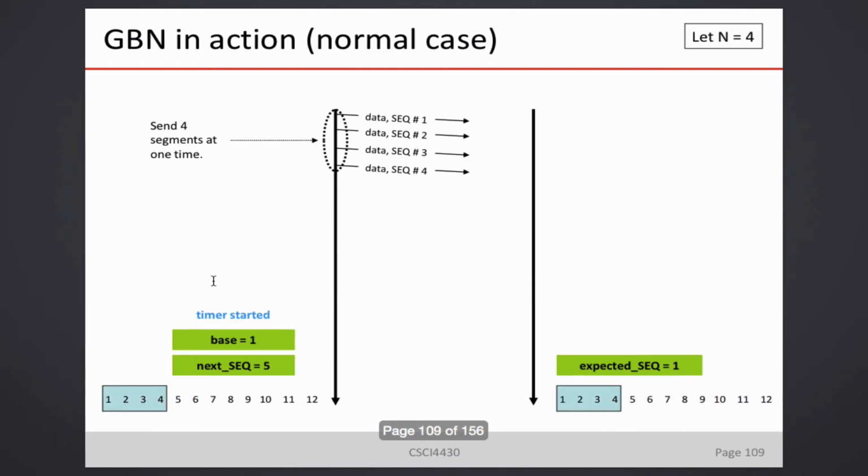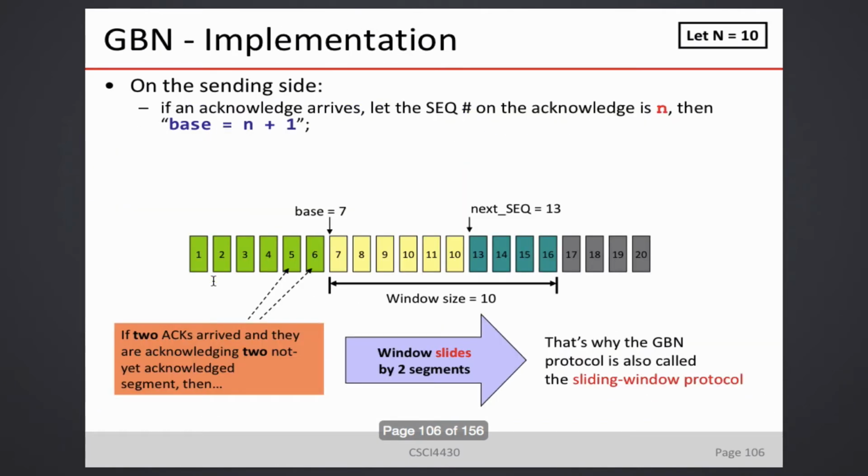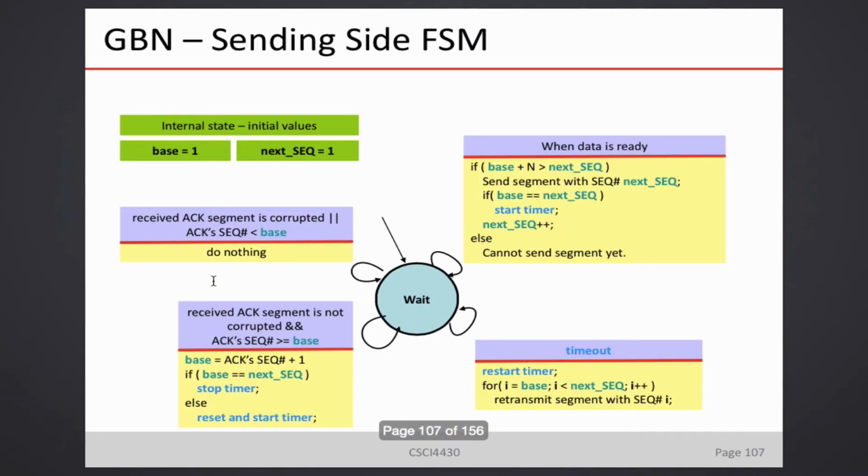Sorry, wrong direction. It so happened that if I have delivered this guy, the receiver will give me ACK 6 in this diagram, which is before the base. So the sender receives something before the base.